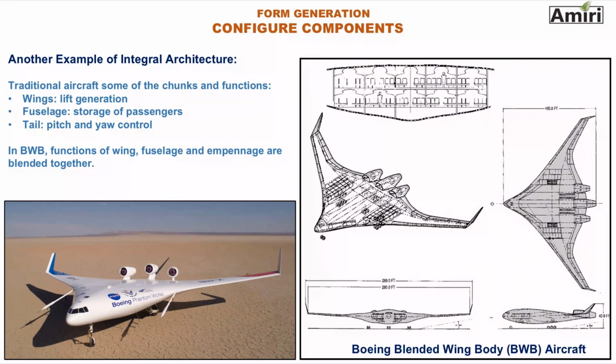Typically, in a traditional aircraft, wings fulfill the function of generating lift, the fuselage stores passengers and cargo, and the tail controls pitch and yaw. Versus this BWB aircraft, where all the functions of wing and fuselage are blended together.